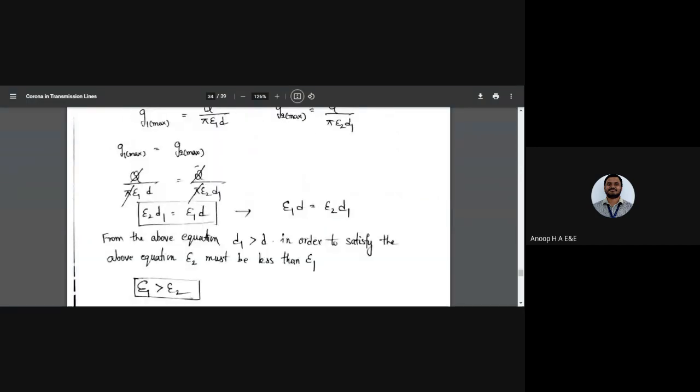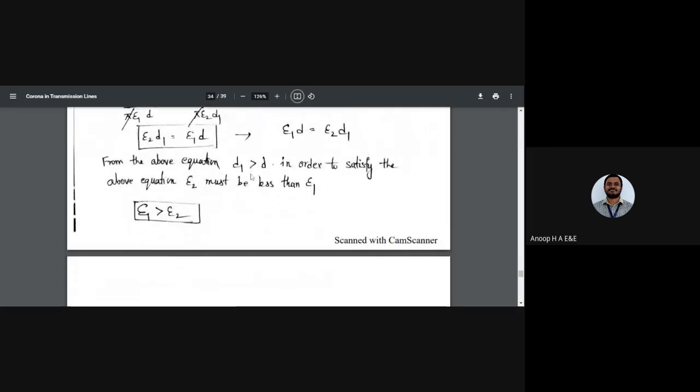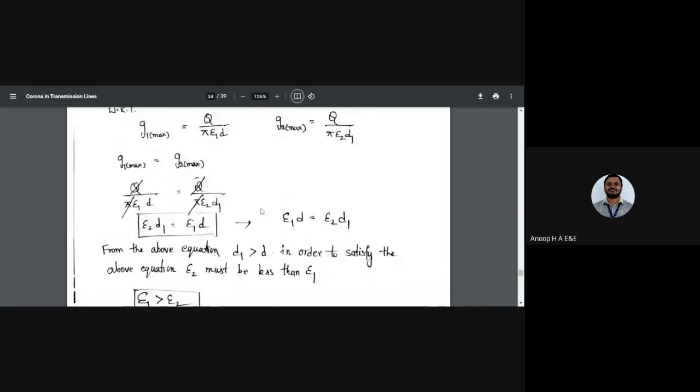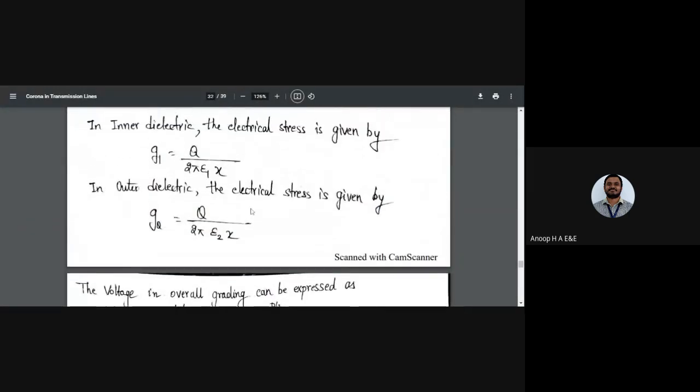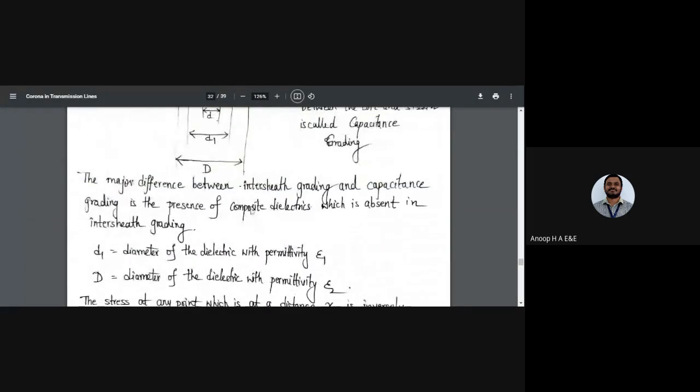Epsilon 2 into d1 will be equal to epsilon 1 into d. So any doubts up to this point, do let me know right now, or else I can go ahead to the numerical problems if you don't have any doubts.